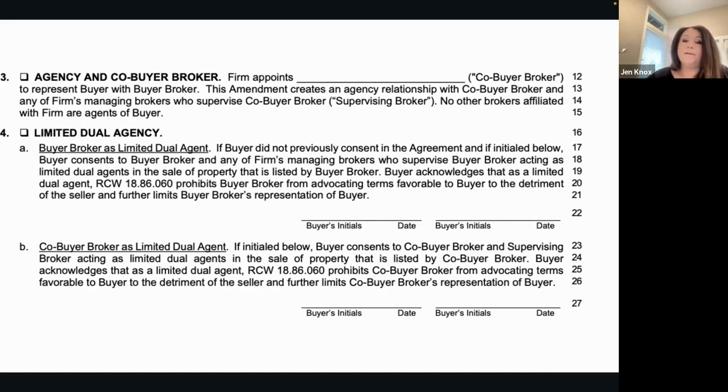This would be if you have a team set up where one of you is going to be acting on the buyer's behalf, one of you is going to be acting on both. But like I said, if that becomes too cumbersome and too cloudy with your duties as an agent, feel free to refer or make it just very clear that you have a buyer contract and a seller contract.